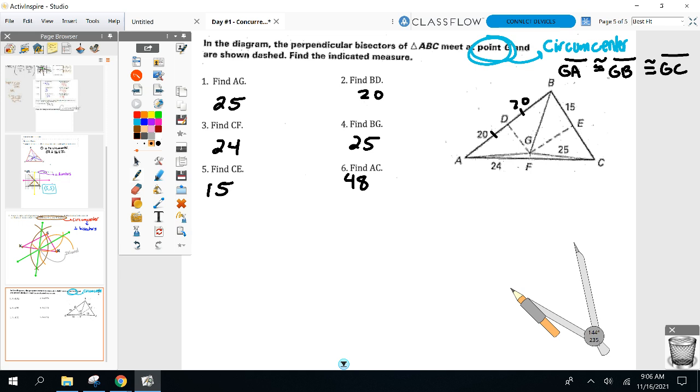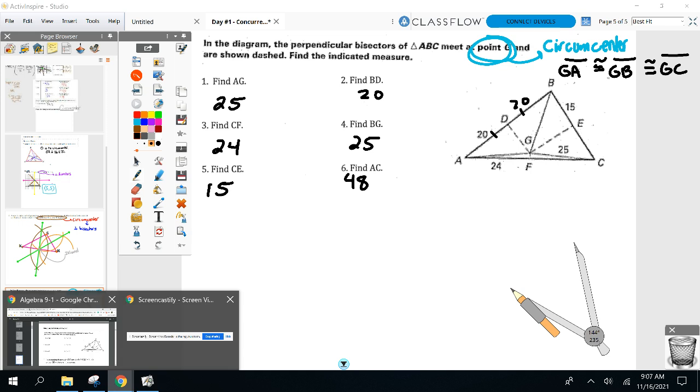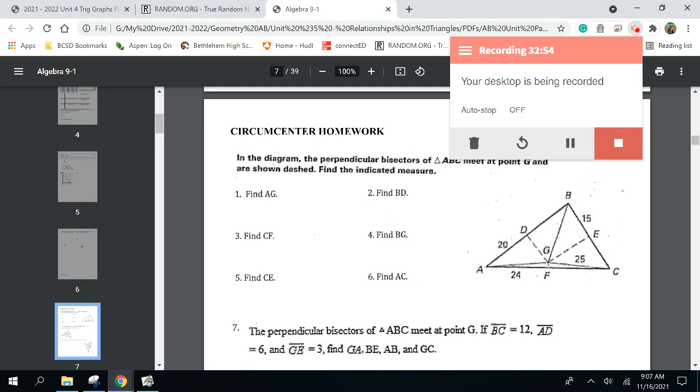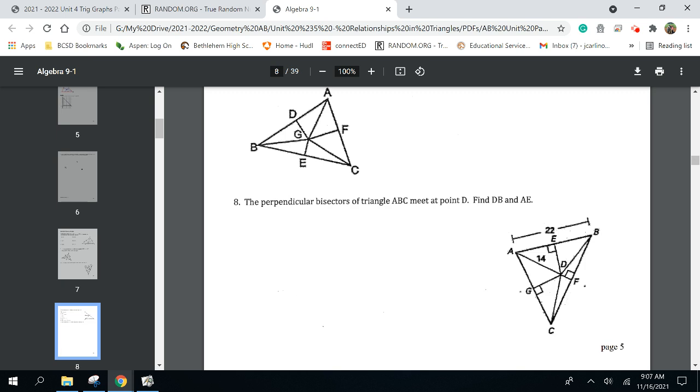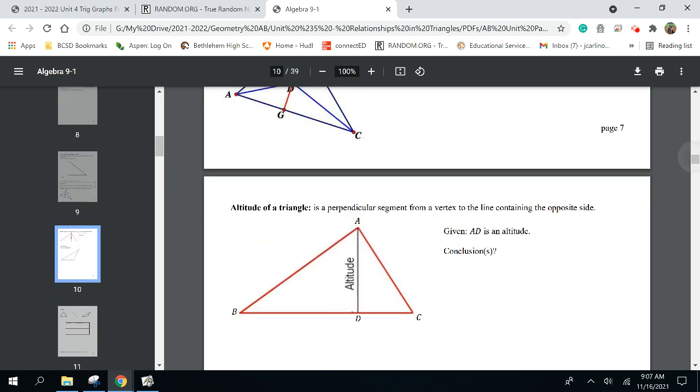Anything you want to ask before we get to the next one? Next one's a little crazier. All right, while I'm cutting and pasting that one, take a look at it. Label your diagram.